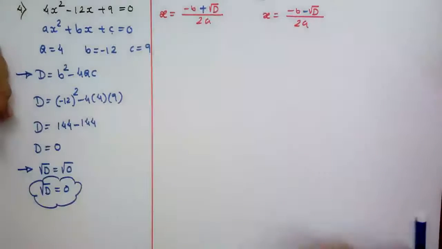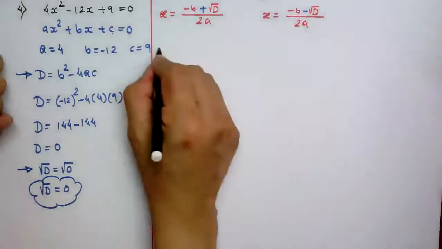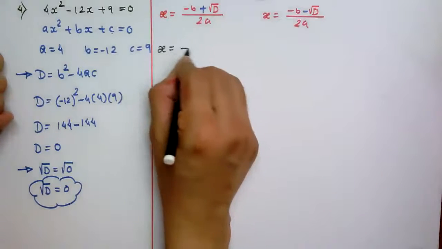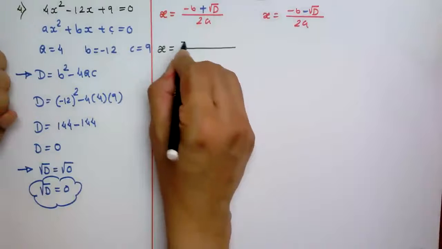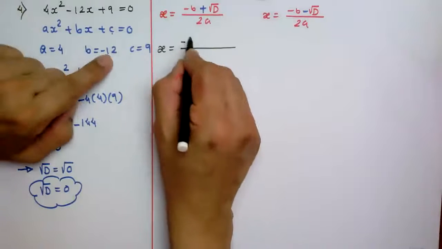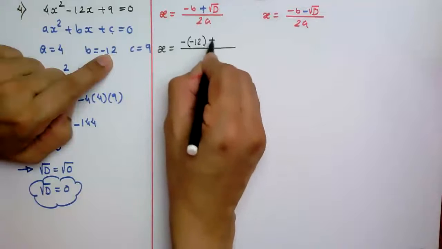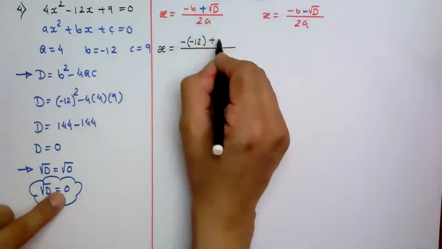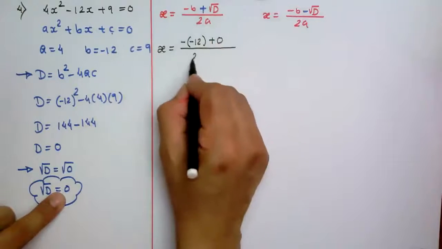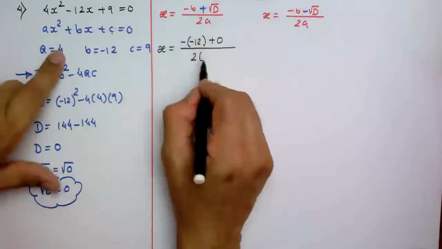Okay. X is equal to minus, and b itself has negative value minus 12, plus square root of d is 0. 2 times a is 4.